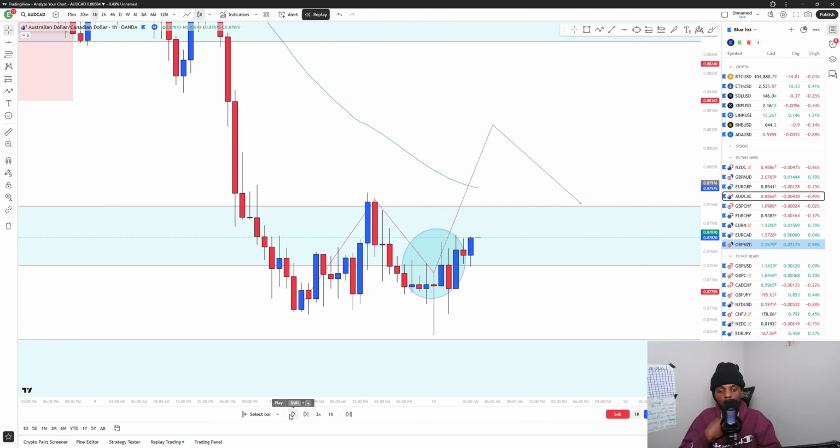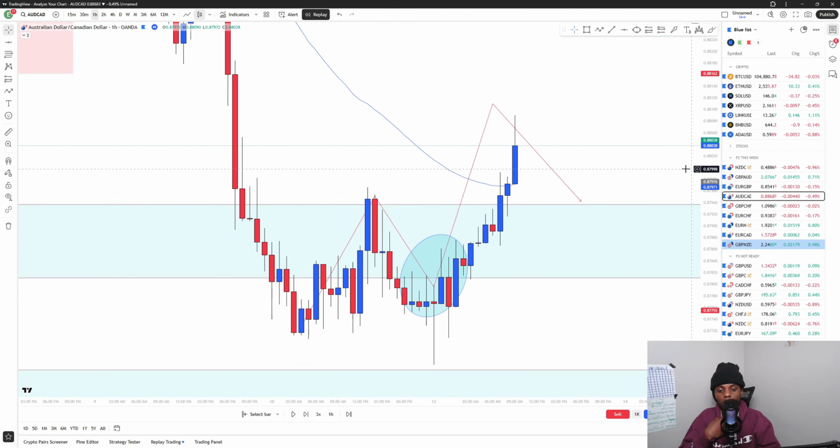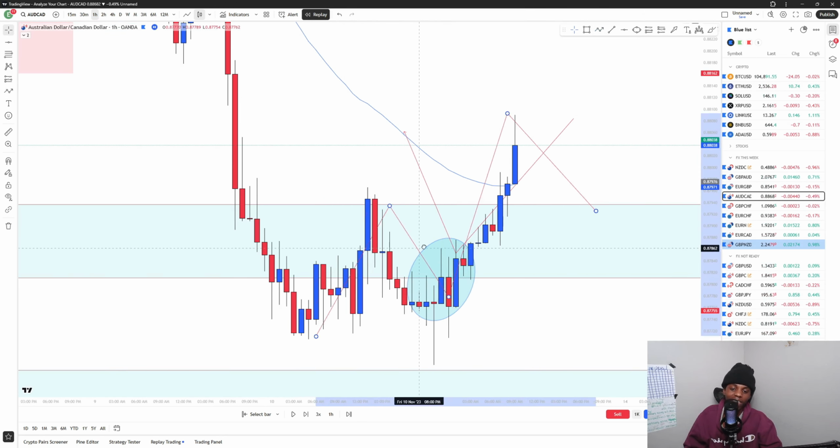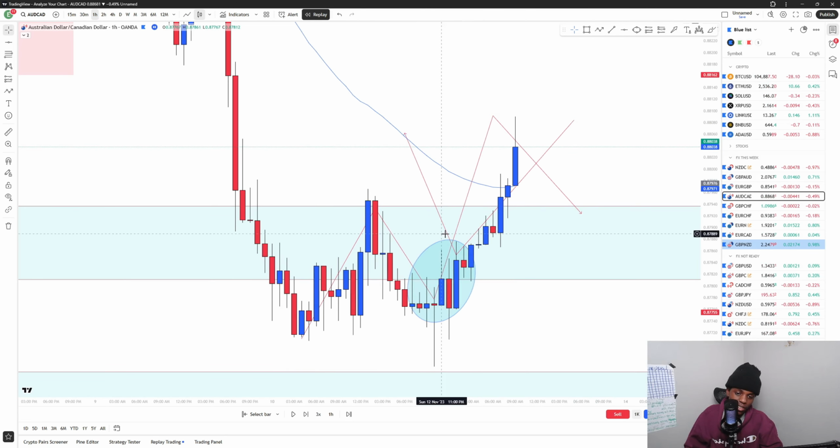Can't enter right there. Okay, the double bottom kind of happened under the area of interest, so I couldn't enter right here. And what a coincidence! He actually kind of followed the line I drew. That's crazy.